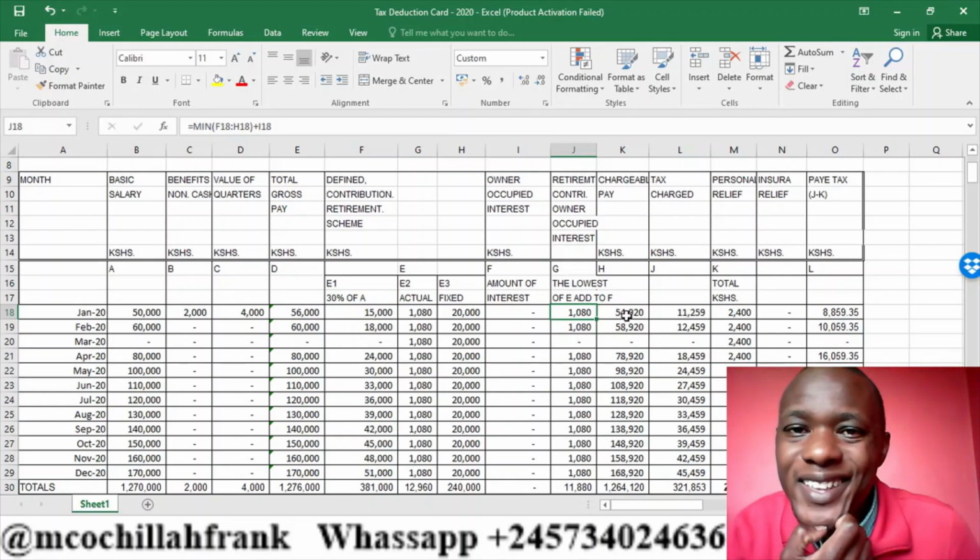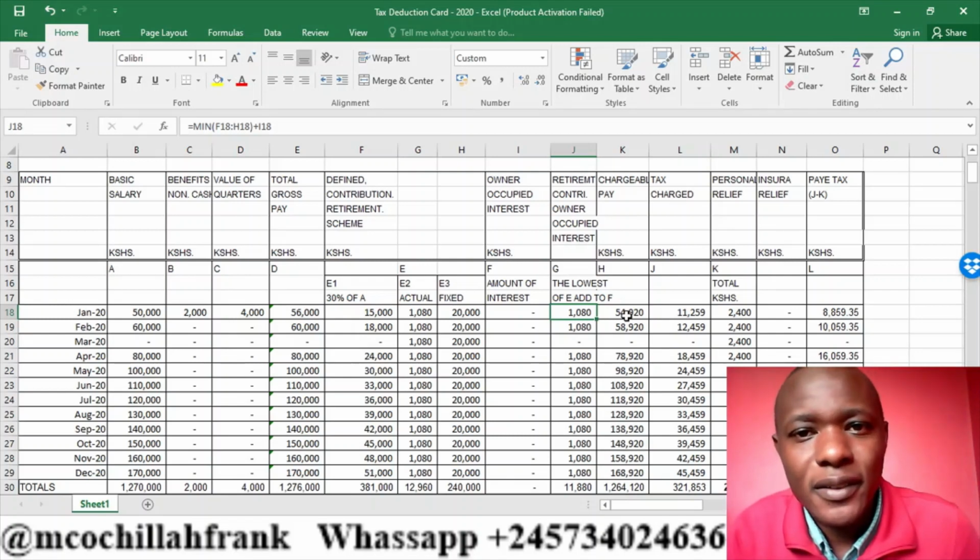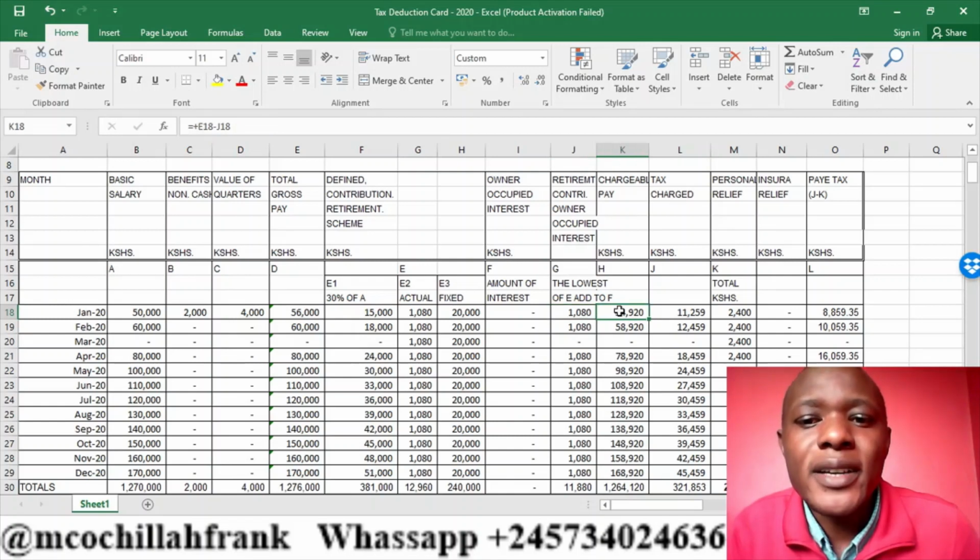The chargeable pay is what we call the taxable amount. Now, how much are we supposed to tax? So the taxable pay comes after the retirement contribution is deducted from the gross pay.